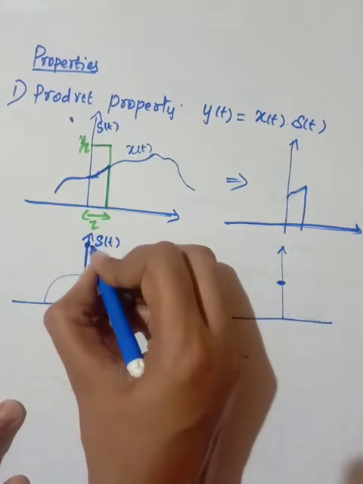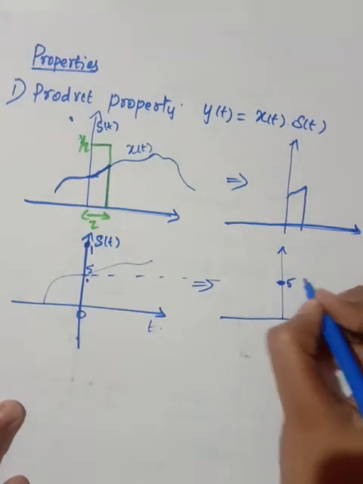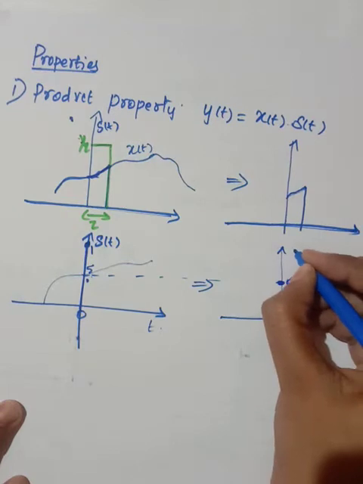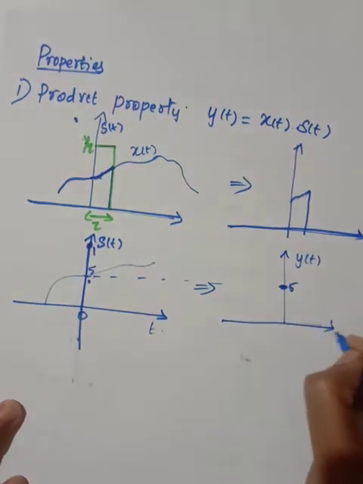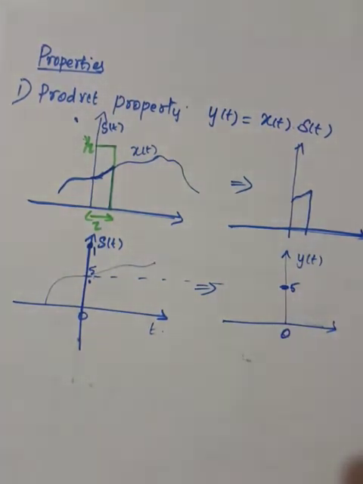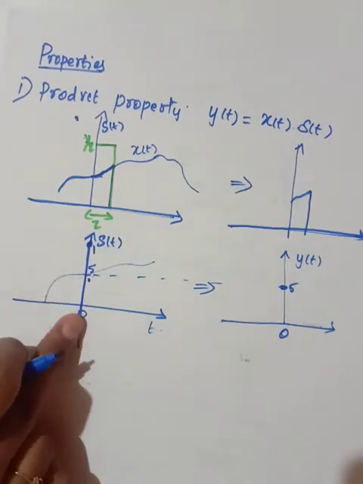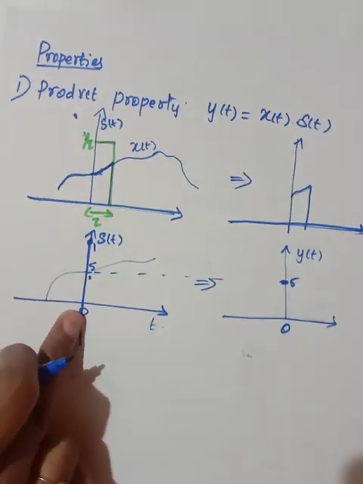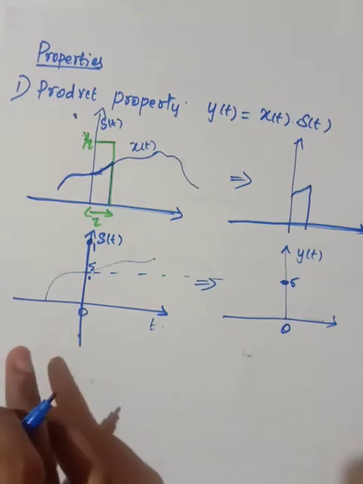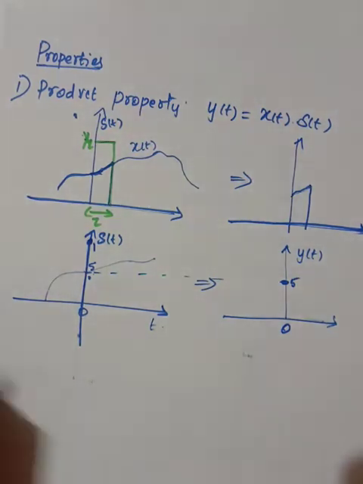When I multiply with this one, I will get 0.5, right? So this is your y of t. If you multiply an impulse with the corresponding signal, you will get only the value that corresponds to where the impulse is present. This is the product property.